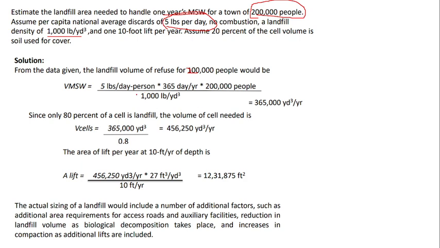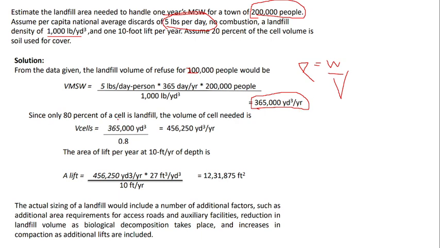So we will obtain the total amount in volume. Density is equal to weight by volume. Now to find the volume, divide the weight with density. Totally the volume is 3,65,000 yard cube per year.